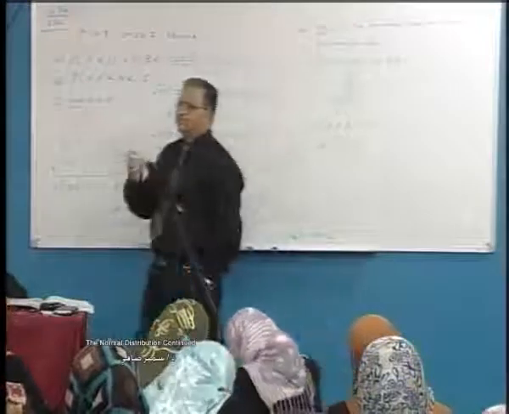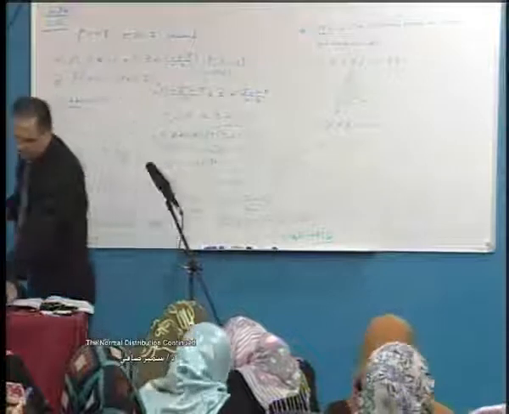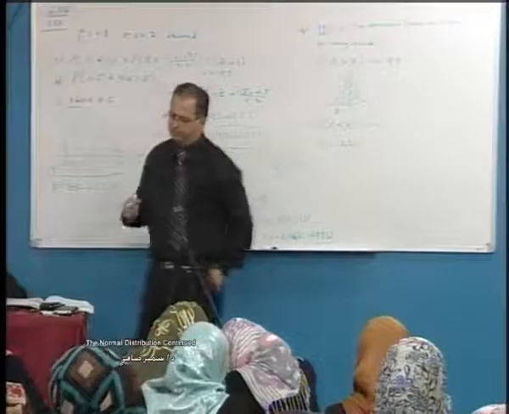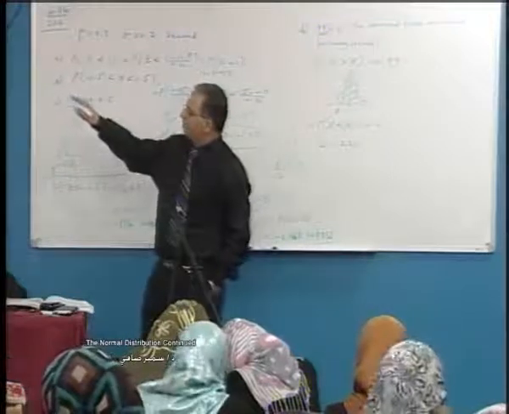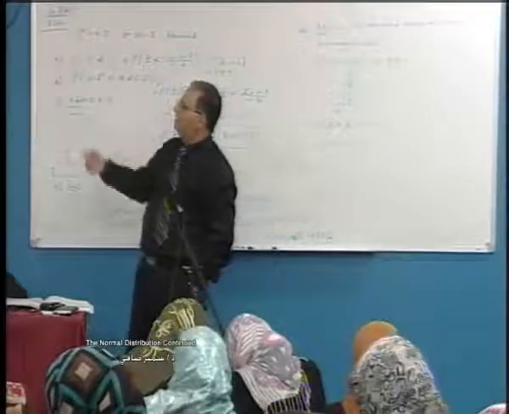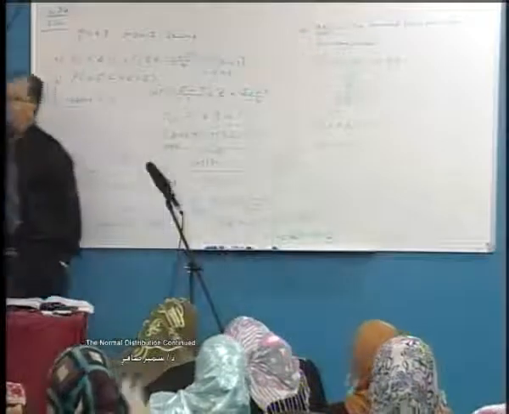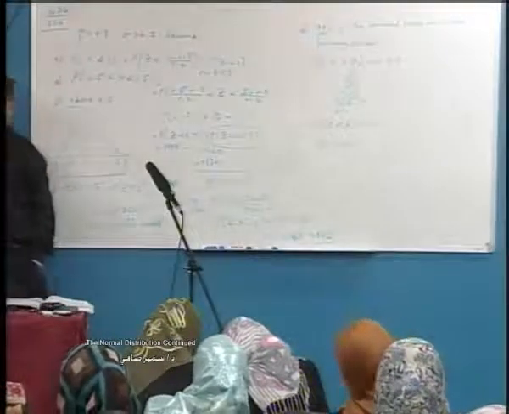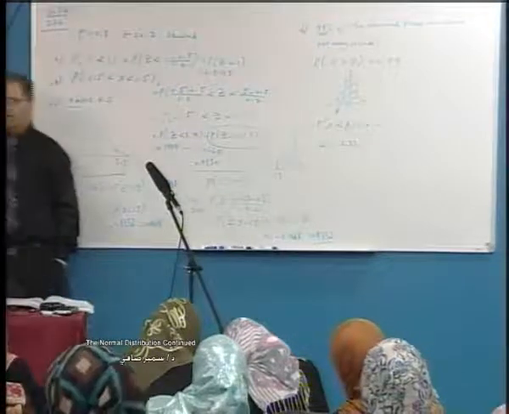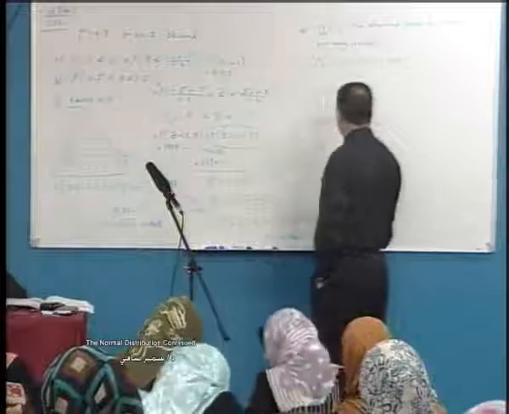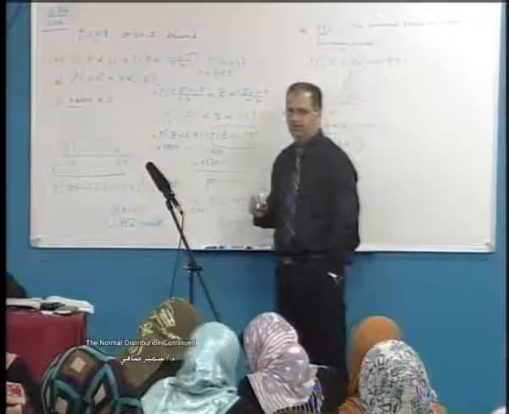So this is the approximate answer. Sometimes, if you have a calculator or Excel, you may determine the exact value, which in this case is minus 2.3263. This is the exact answer. But the approximate one is fine. So my z-score is negative 2.33.